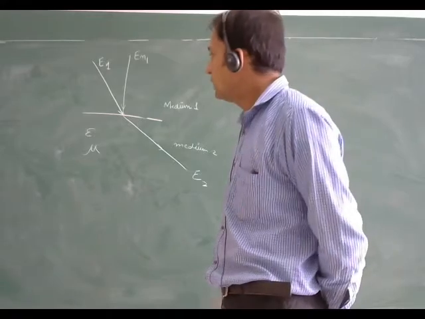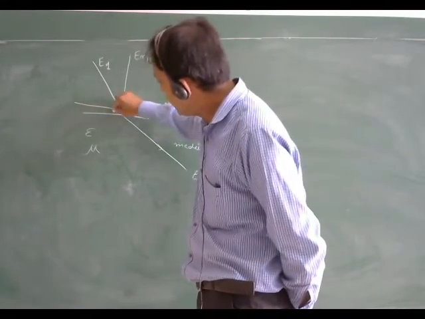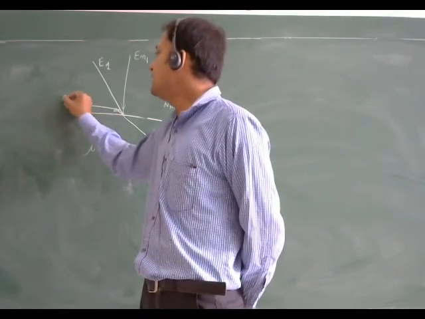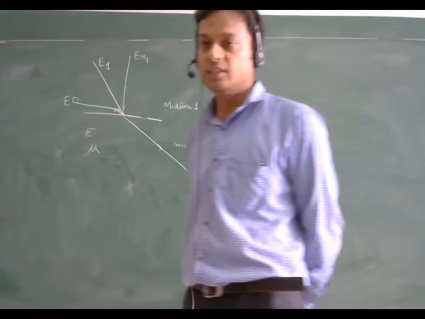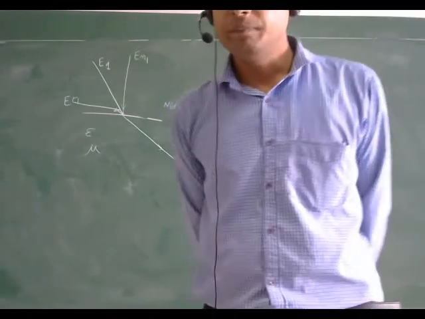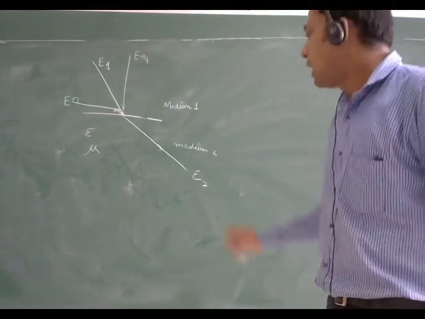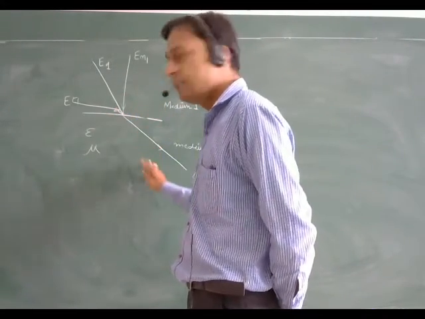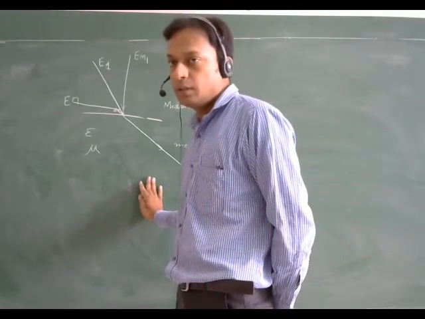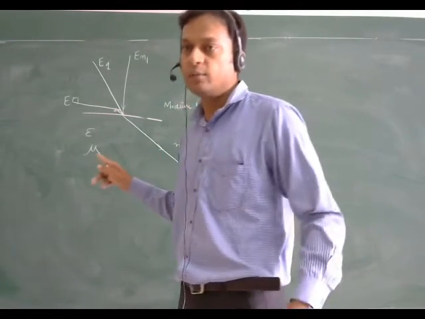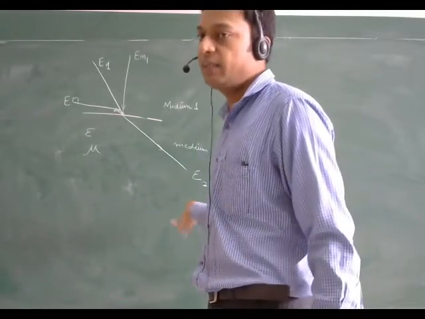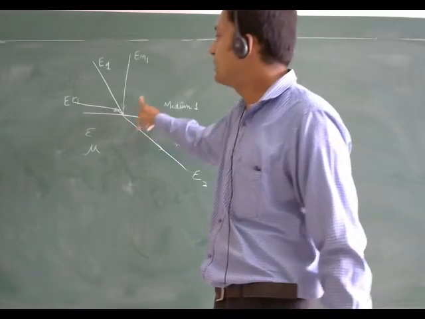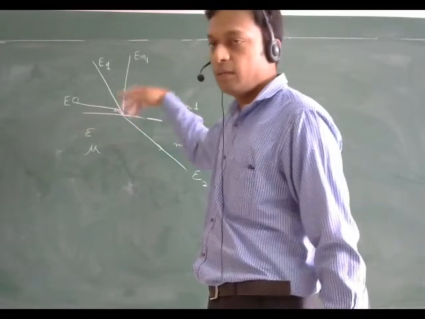Similarly, there will be a tangential component at this boundary, say ET1, the tangential component. So how do we calculate this tangential component and normal component in the other medium? By using this, we can calculate the overall electric field in a different medium when we know the value of the electric field in the other medium.